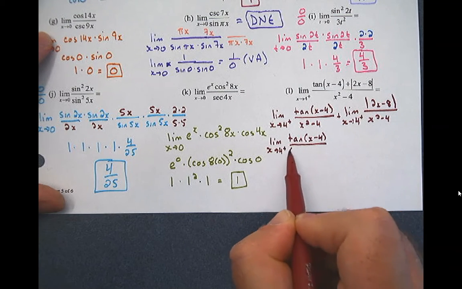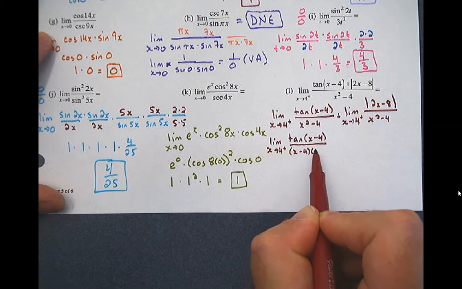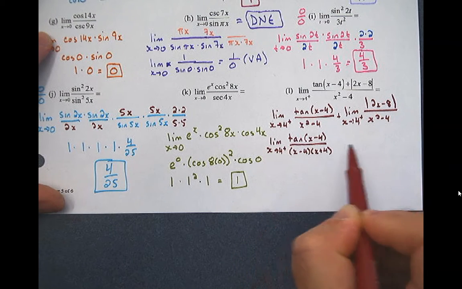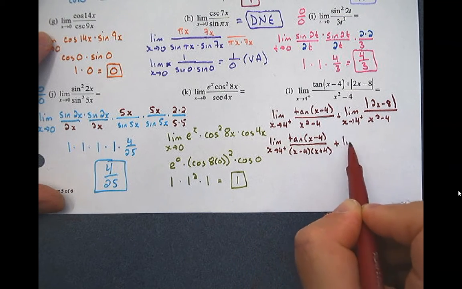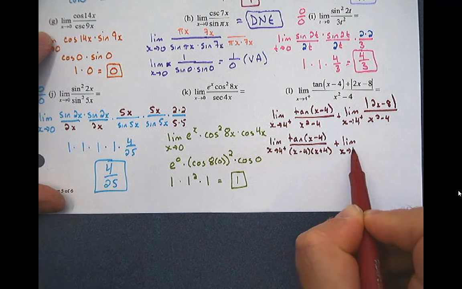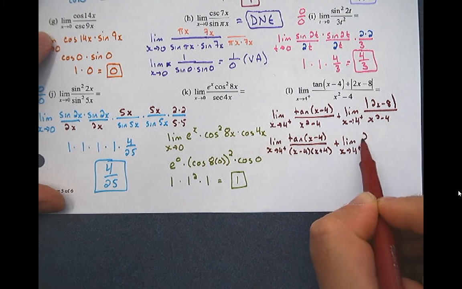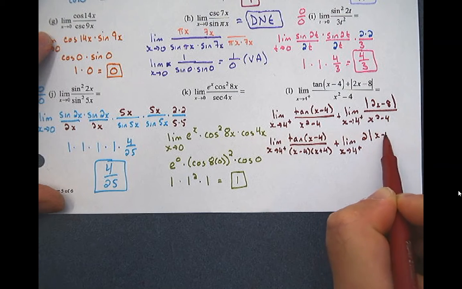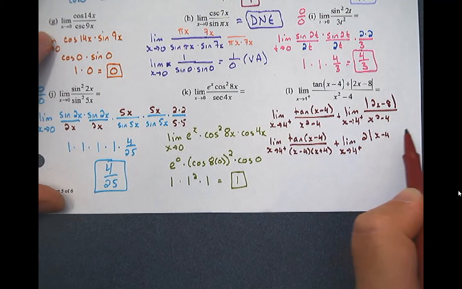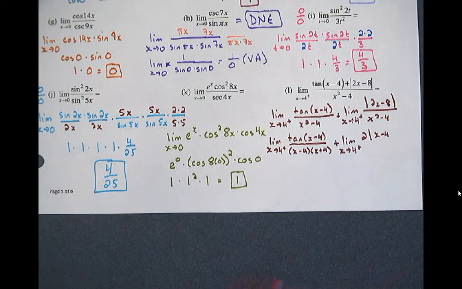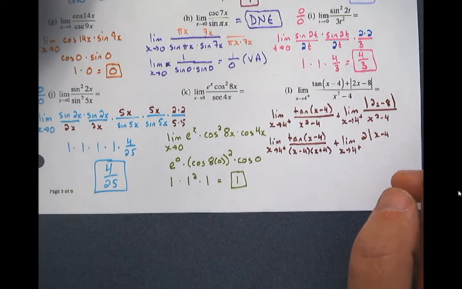over x minus 4, x plus 4, plus the limit as x approaches 4 from the right, and I'm going to take out the 2, x minus 4. Oh, wait a minute here. Dang it. I think we could have just direct substituted.